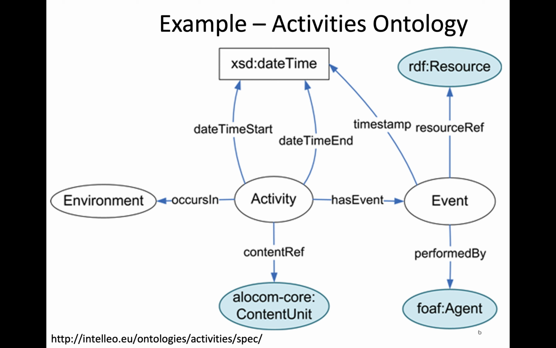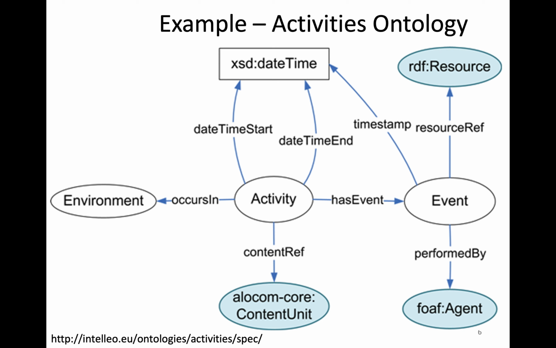We can say that an activity occurs in some environment, and in that activity we can have some event, and that event is performed by some agent, and there are other resources about the event. One of the most important pieces of information about an event is when it occurs.